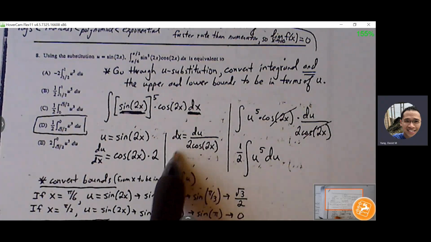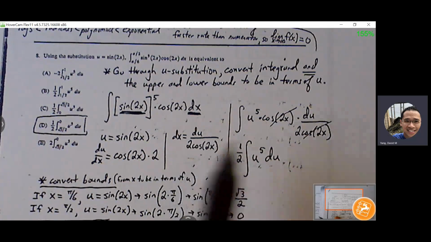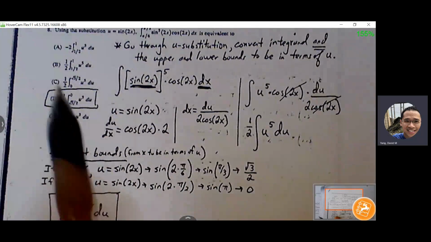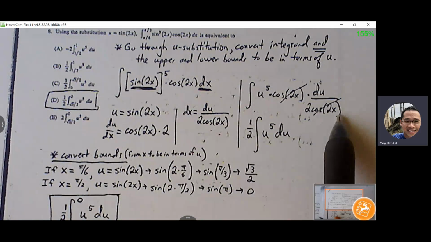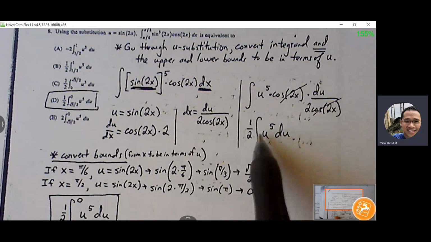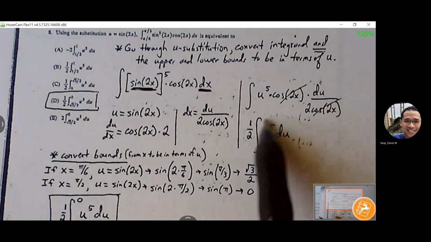Solve for dx, which is du over 2 cosine of 2x. Make your substitutions. This becomes u. dx becomes du over 2 cosine 2x. Cosine 2x cancels out. Push the 1/2 out in front.